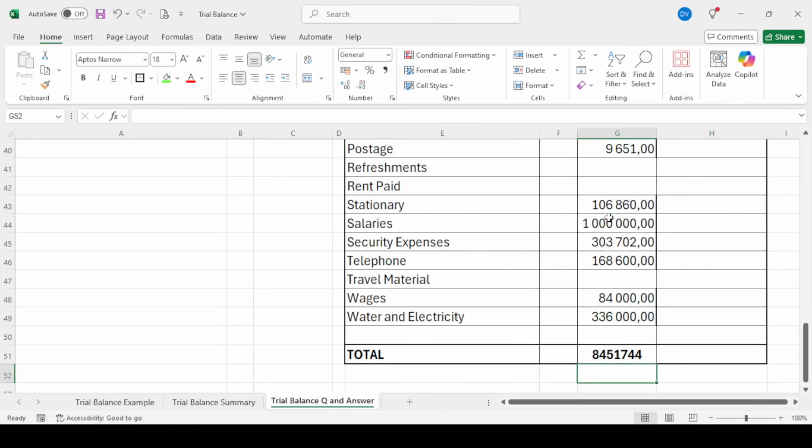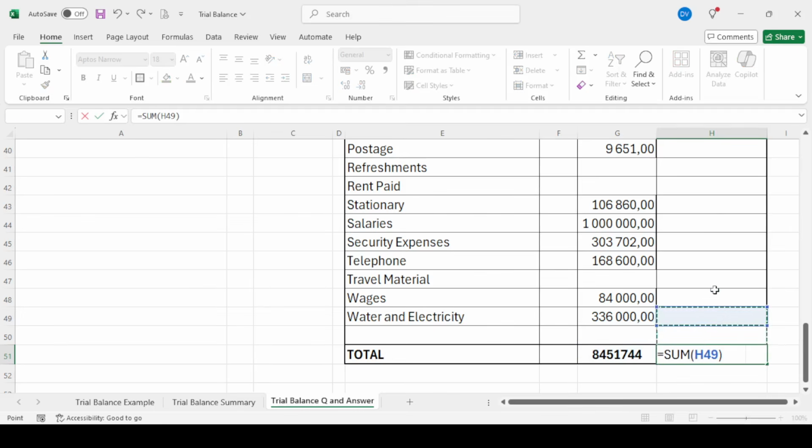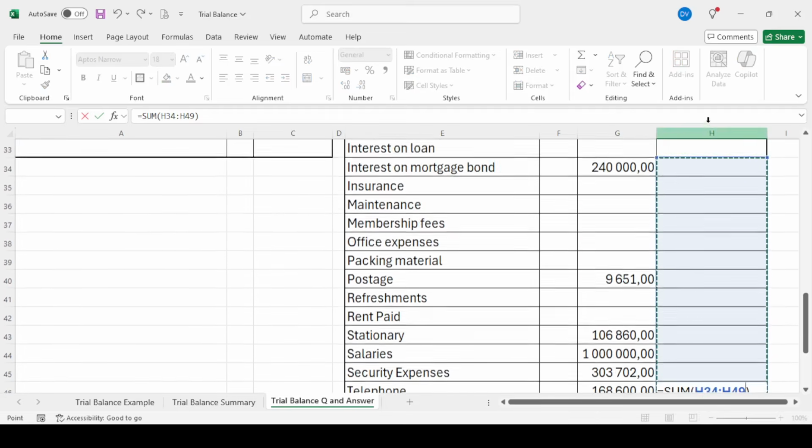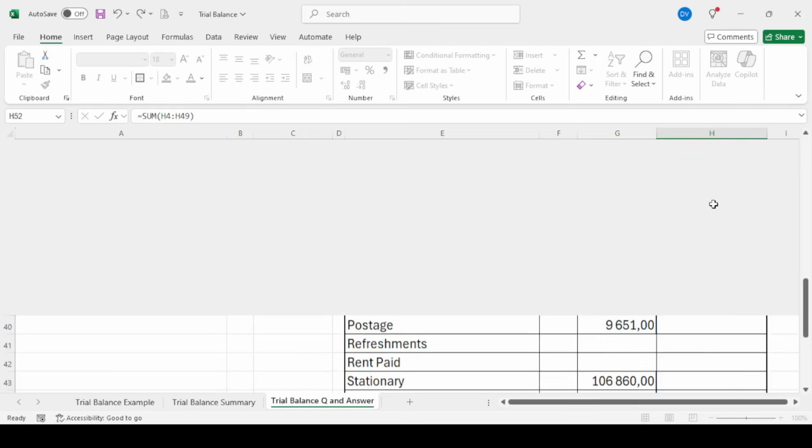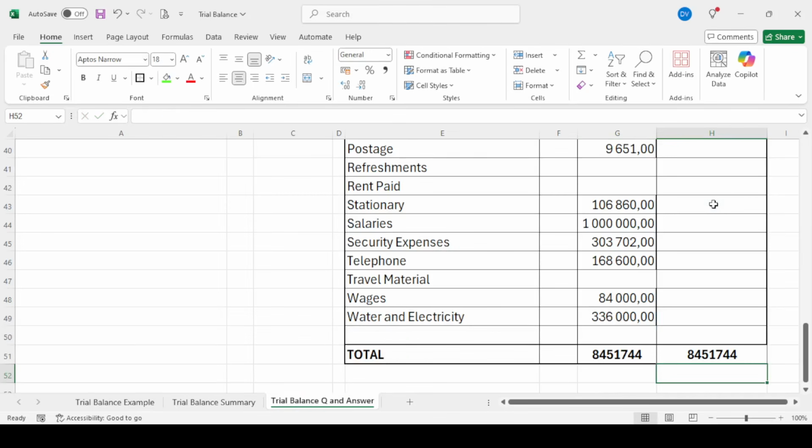Okay, 8451,744. And we copy, well, let me rather do it the same way. Okay, we add up everything on the credit side as well. Yes, it balances. It means that all of the values are on the right side. And if this happens, chances that you've done it perfectly is pretty good.